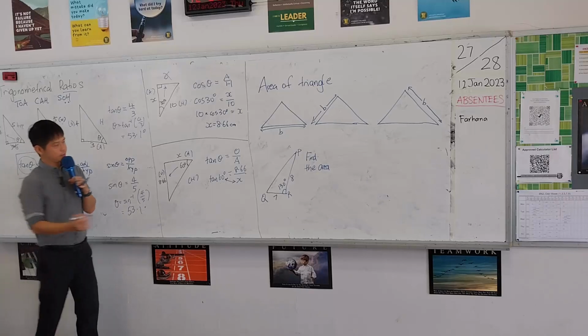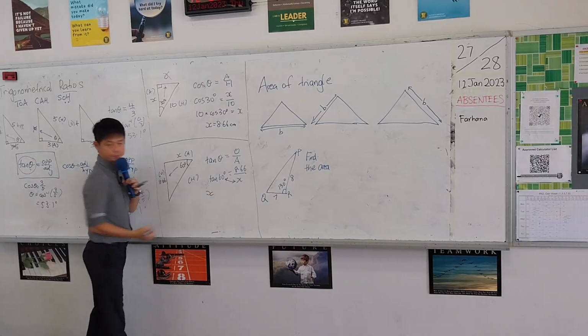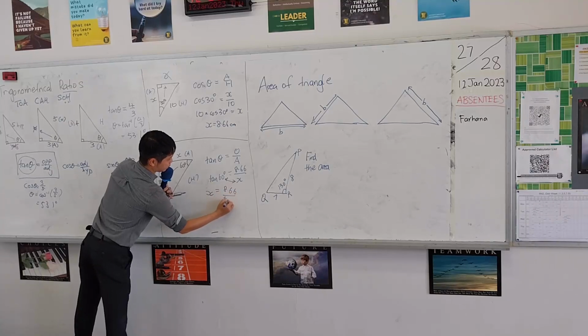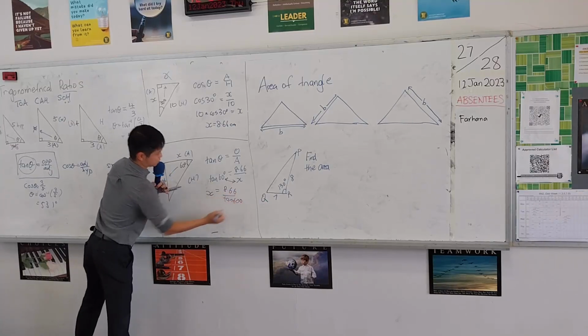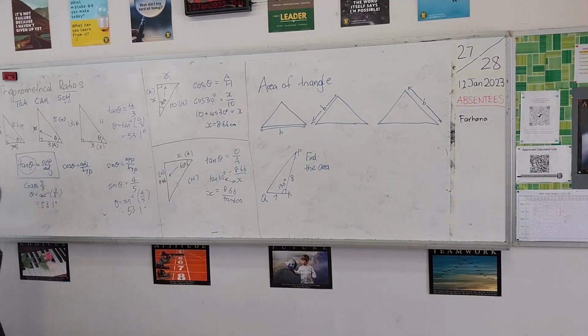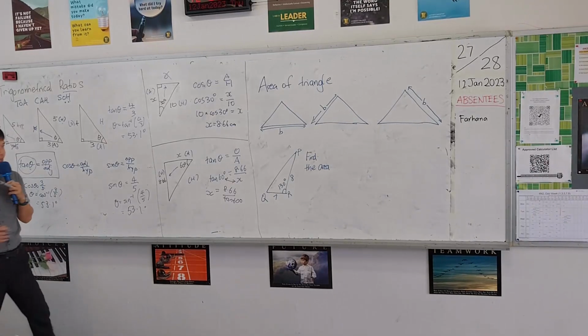So how does it look? The x will be here, and the tangent 60 will be at the denominator. Now it's easy to press: 8.66 over tangent 60. What will we get? It's a very nice number.